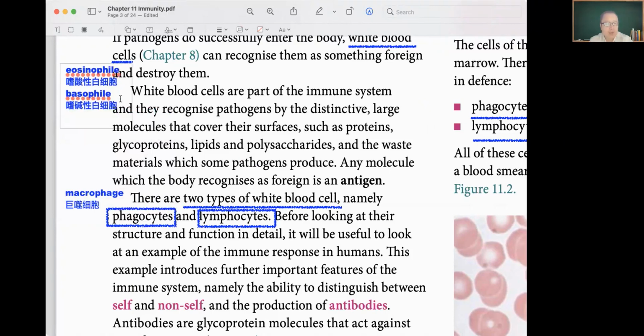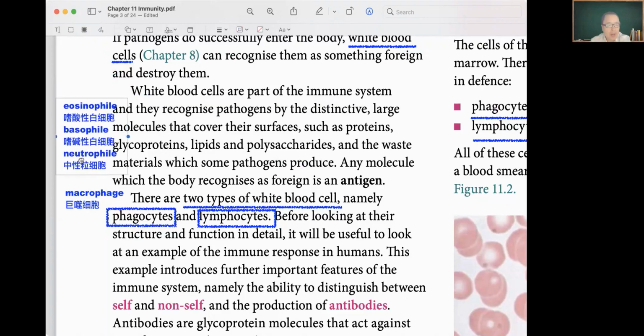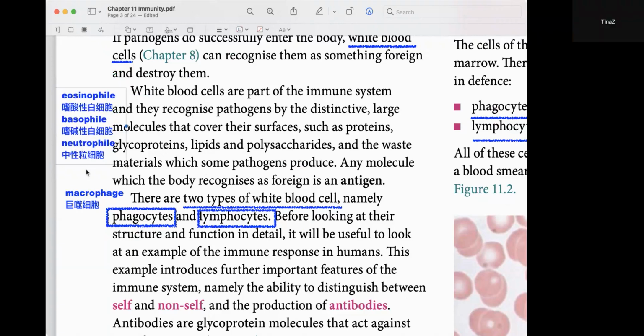Okay. And also neutrophil. So these three kinds of cells, eosinophil, basophil, and neutrophil, are three kinds of white blood cells that are not listed in our textbook.